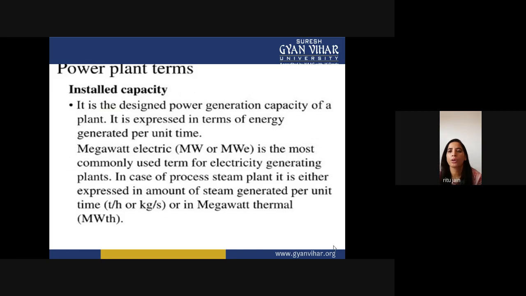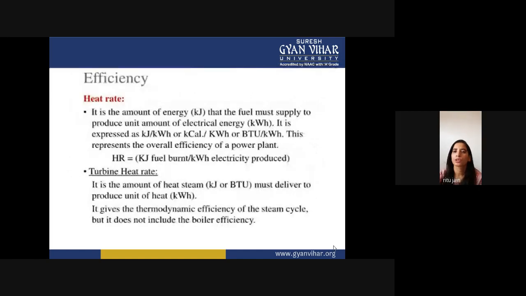This is all about your installed capacity, which is generally in terms of megawatt, or if you want to express it in steam, you can express it in kilogram per second or megawatt thermal. So this is your power plant capacity or installed capacity.